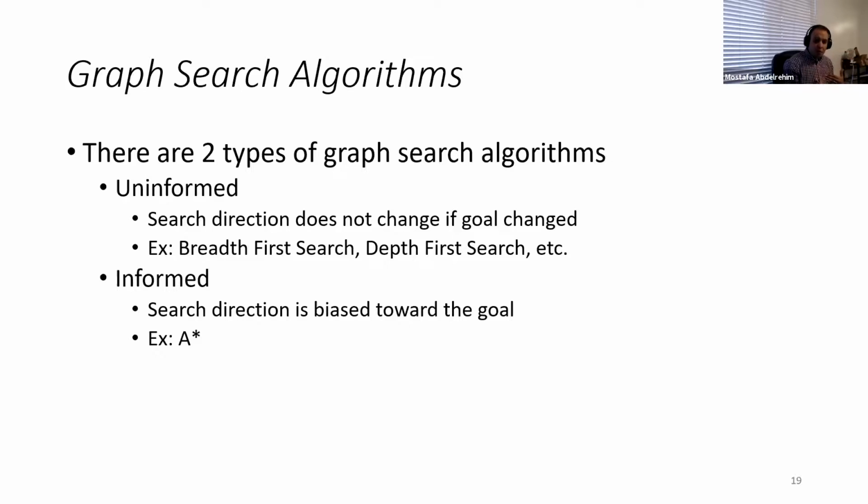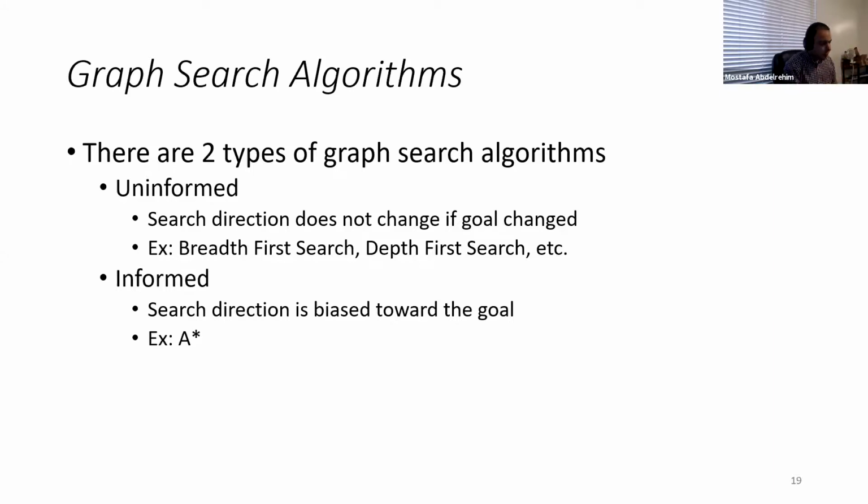An informed search algorithm takes into consideration the location of the goal. If the goal is backward, I will do some calculations, then start backward, then search forward. Or if the goal is on my right, I will search in the right direction first before searching forward, backward or left.